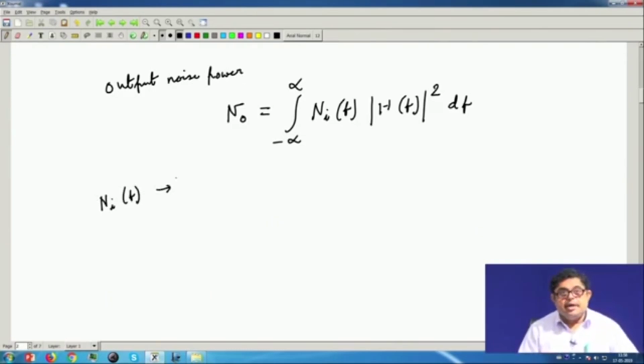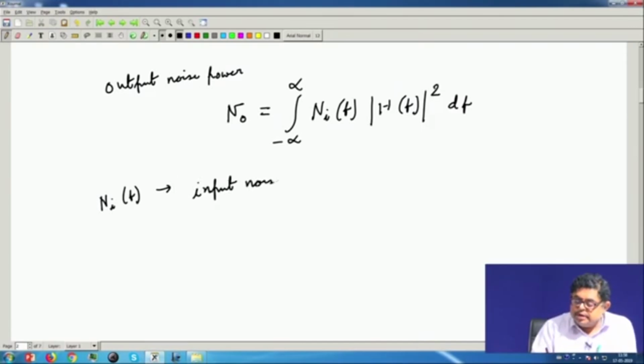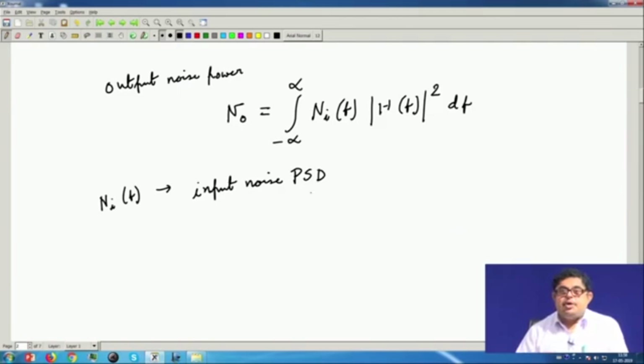the input noise power spectral density. This is an analytic thing and I am writing this. Please note that for this input noise PSD, I am not assuming any characteristic of the noise, whether it is white, whether it is Gaussian, all those things.